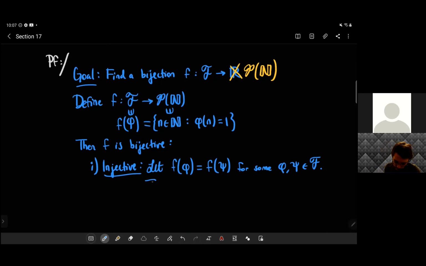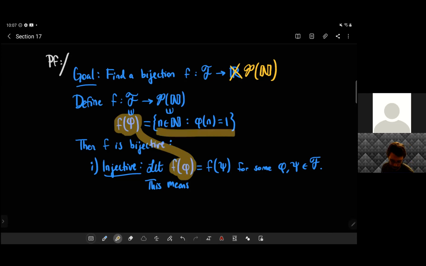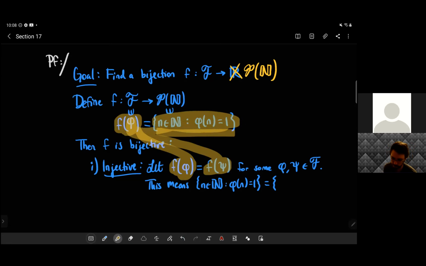What does this mean? Well, we have the definition of f of phi, right? It's this set. So I might as well write that down. That means this set of all natural numbers such that phi of n equals 1 is equal to, same story, just plug psi in here.